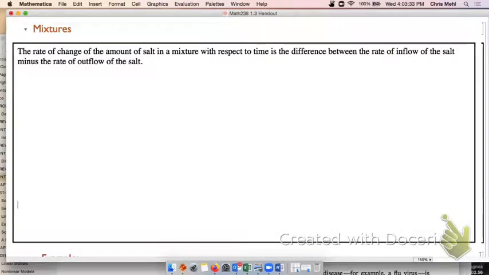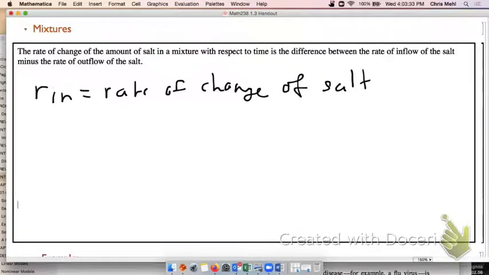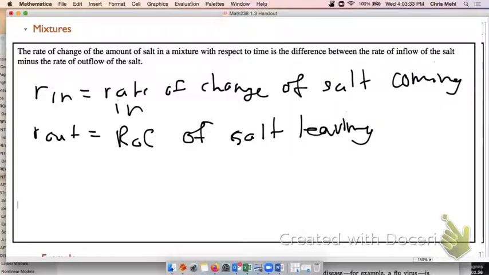Again, R_in is the rate of change of salt coming in, and R_out is the rate of change of the salt leaving.